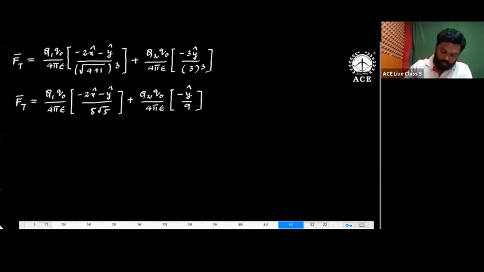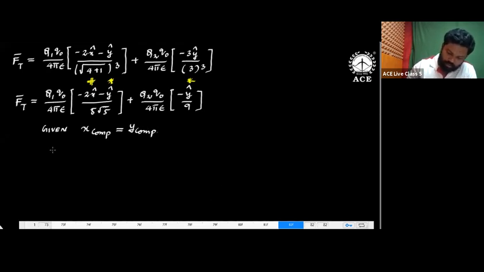Here this is the x component, and this is the y component. So what is given? Given: x component is equal to y component.